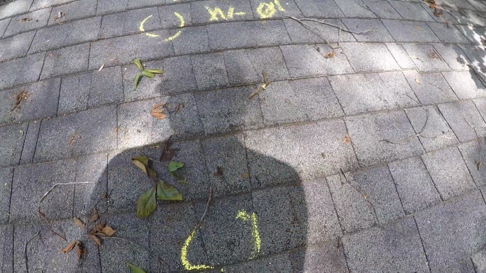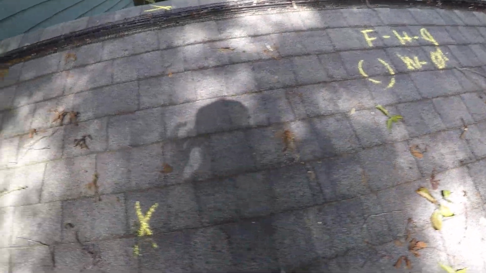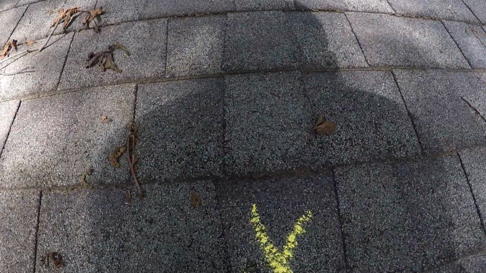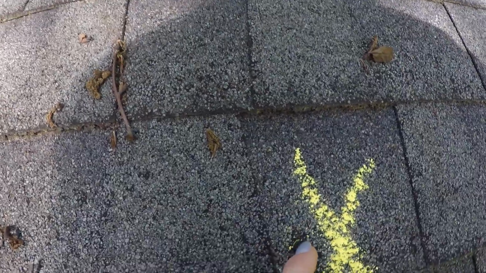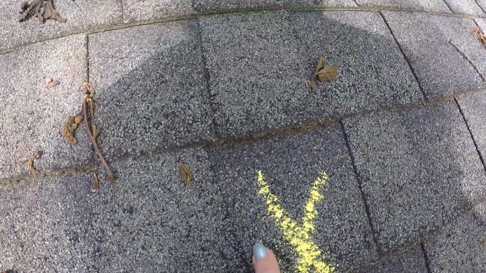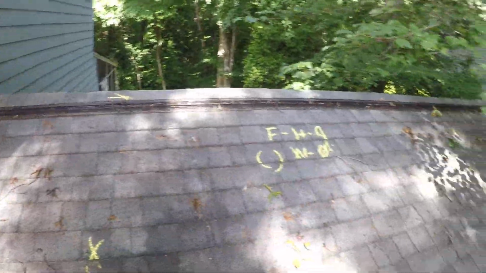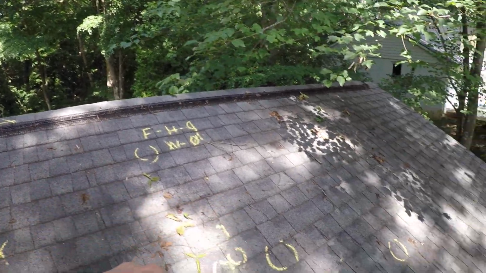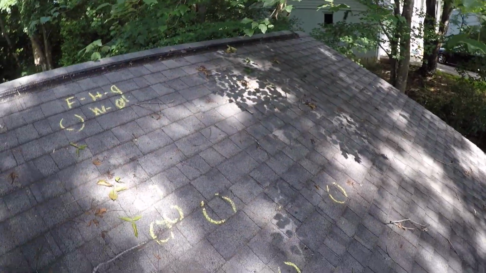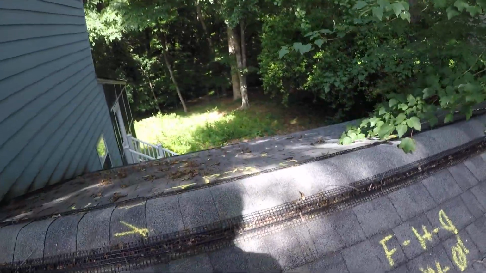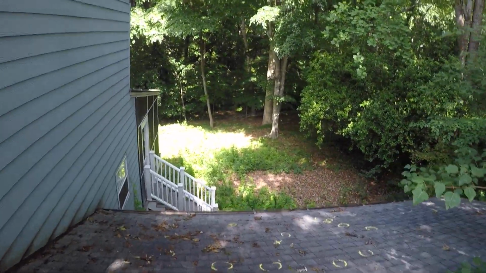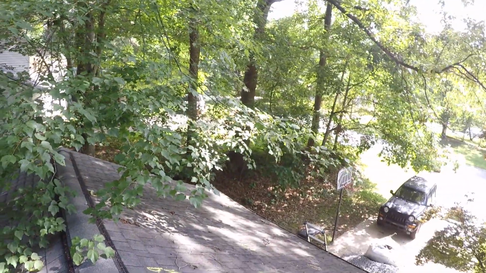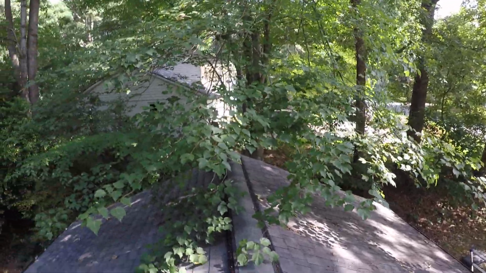But what's also really fun is that you have a lot of nail pops, where the nails have started to actually penetrate through the shingles. So on this side, I've counted 1, 2, 3, 4, 5, 6, 7, 8, 9, 10 possible impacts to just that 10 by 10 test square.